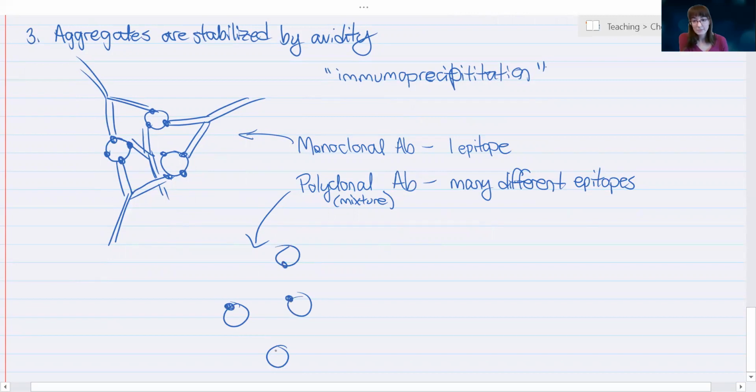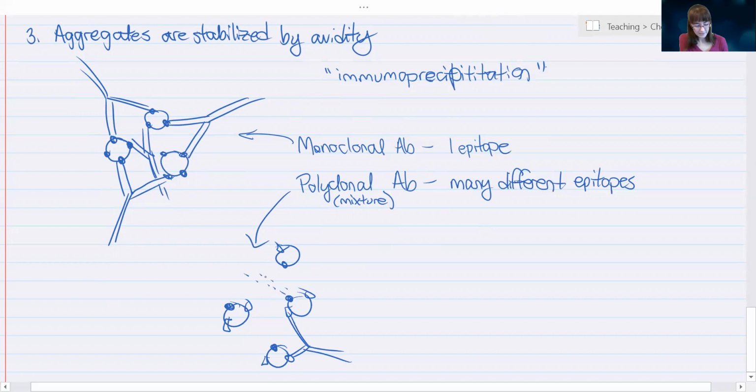But of course, there are many potential binding sites on here, many potential epitopes. And now a polyclonal antibody mixture could take advantage of this and have that same avidity effect, because some of them will recognize this pair, while others would recognize this other pair.